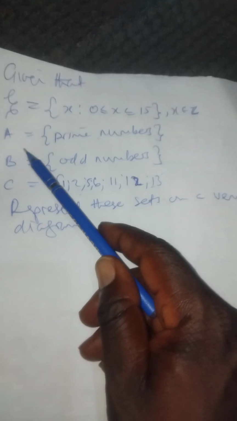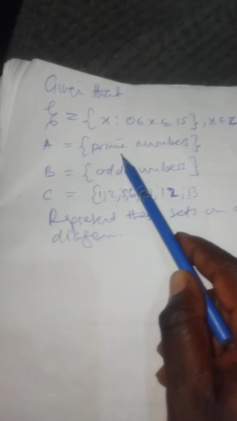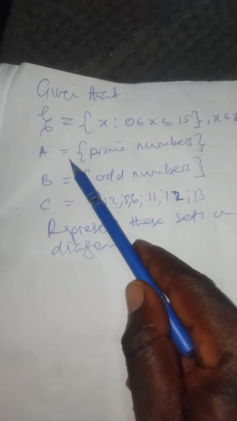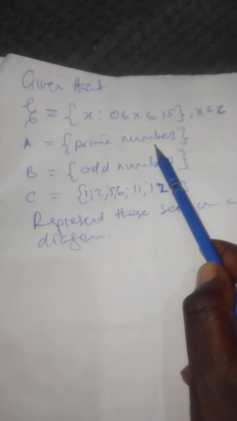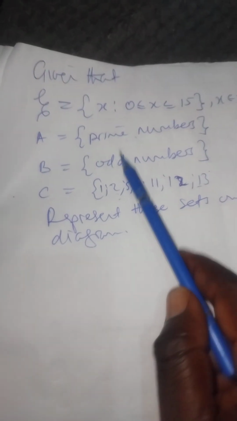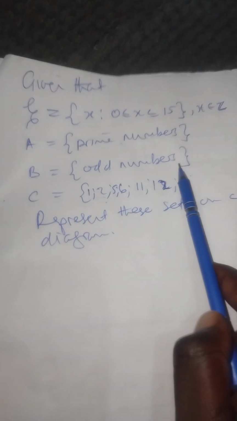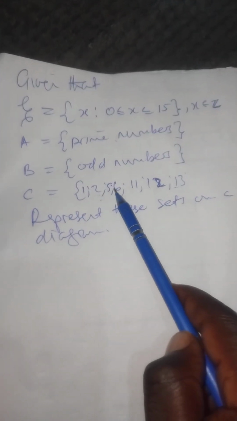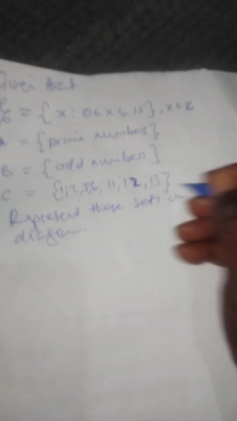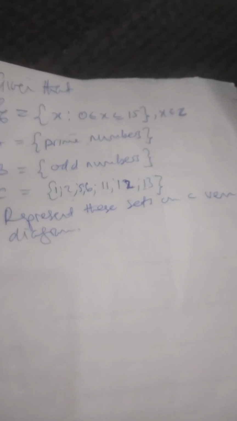Then A is a set of prime numbers, which means all prime numbers which are inside the universal set fall under subset A. Then all odd numbers that are in our universal set, we put them under set B. Then 1, 2, 5, 6, 11, 12, 13 are the members of set C. The question says represent these numbers on a universal set.